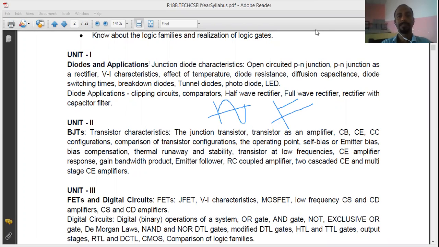Though this should be the ideal output of the rectifier, it might be something like this. It is still fluctuating, but not fluctuating as much as this. Here it is going positive and it is going negative, but here it will be unipolar. Here it is bipolar, that means it works for positive as well as negative. But this is unipolar, that means it has one polarity, only positive.